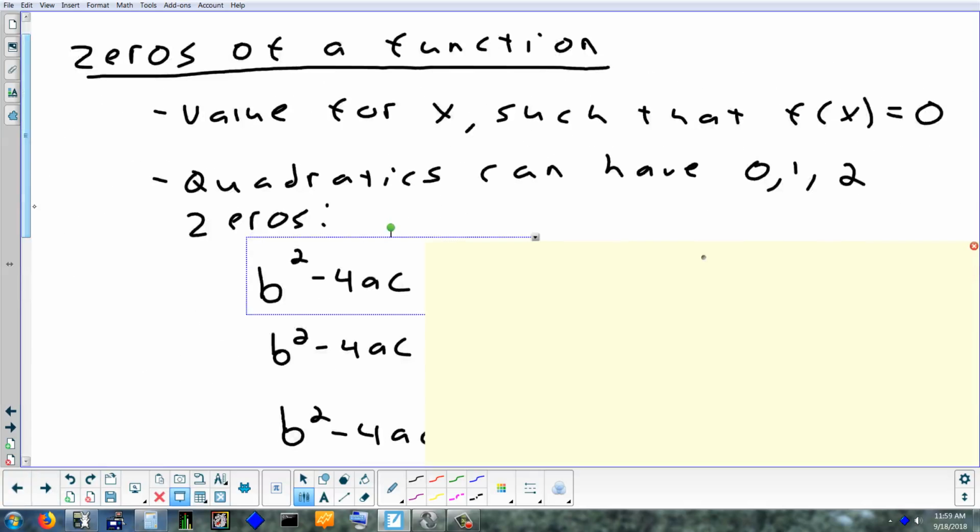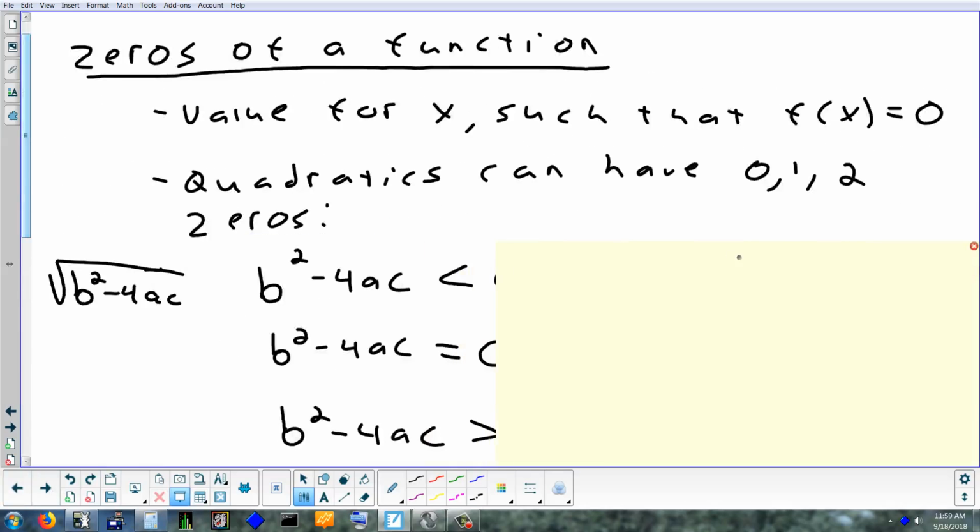Now, does anybody recognize that? B squared minus 4AC? It's part of something else. Yeah? It's part of the quadratic formula. Specifically, it's the part right here. It's the part that's under the square root. And if you take the part that's under the square root, b squared minus 4ac, and you figure out if it's negative, 0, or positive, that will tell you how many times it crosses the x-axis.